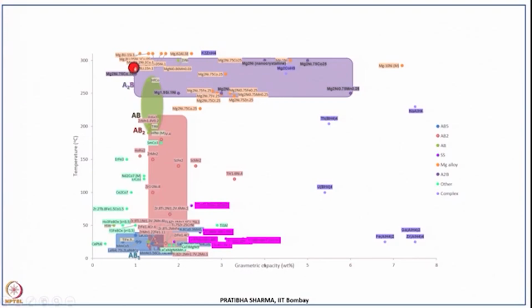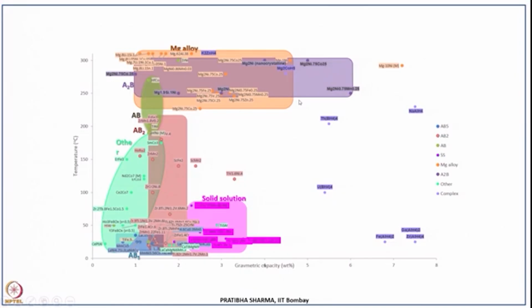Then we have the class of A2B type compounds. We can see that although they have higher desorption temperatures, a wide range of gravimetric storage capacity can be obtained. Among the others comes A3B7 type materials. Magnesium based alloys have a very high desorption temperature, but a good gravimetric capacity.